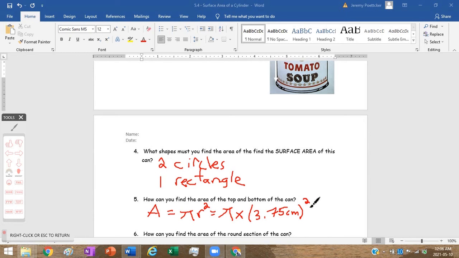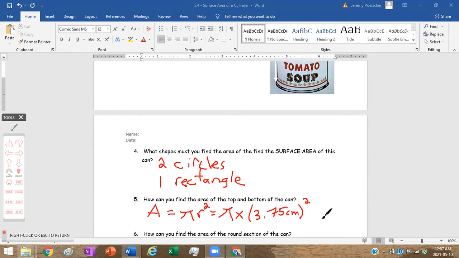And away we go. I mean, really, that's the hardest part about this whole thing, is to figure that part out. Once you've got to that point, you're good. We'll actually do the calculations later on, but if you're using that formula, that's exactly what we're doing. Or again, pi times 3.75 times 3.75, because that's what the squared means.